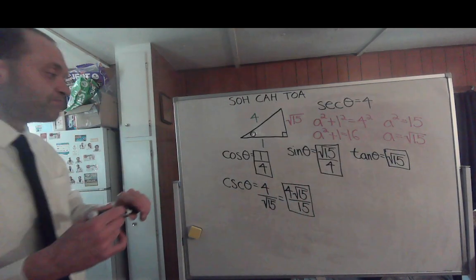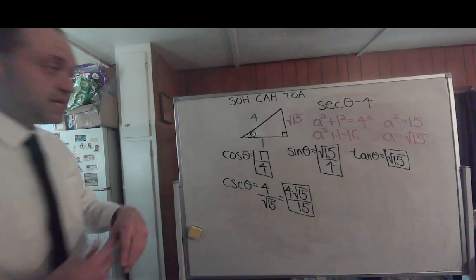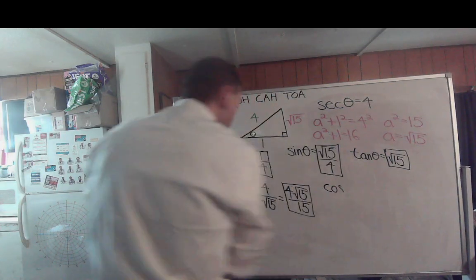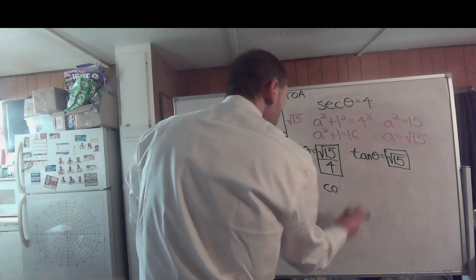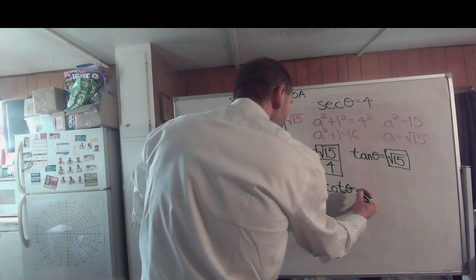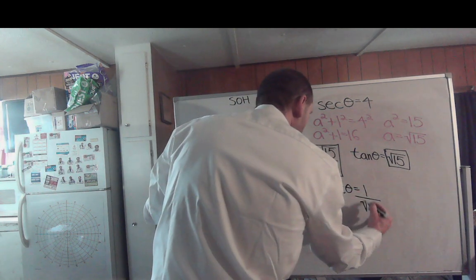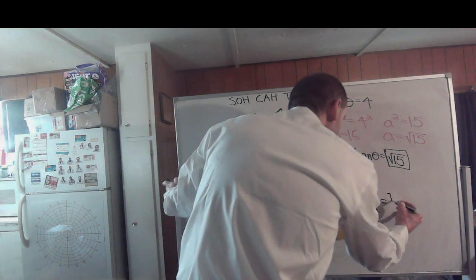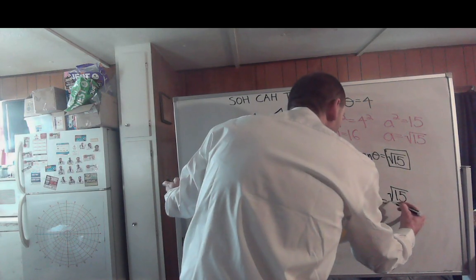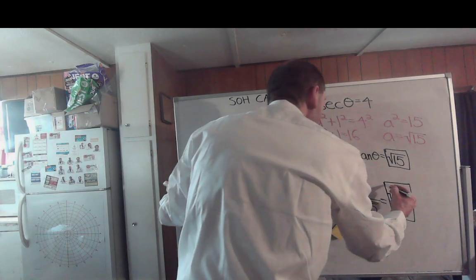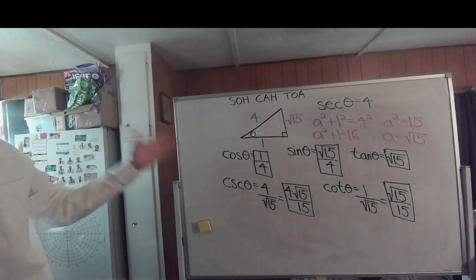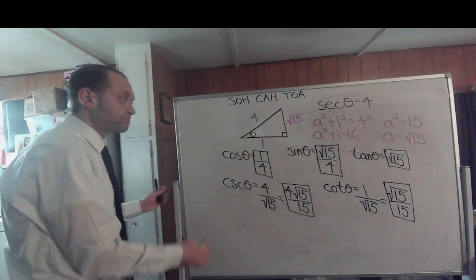And then we can find the cotangent of theta by taking the reciprocal of the square root of 15, which initially would start out as 1 over the square root of 15. But if you rationalize it, you end up getting the square root of 15 all over 15. And that would be your cotangent of theta. So those are all 6 trig function values for this particular triangle.